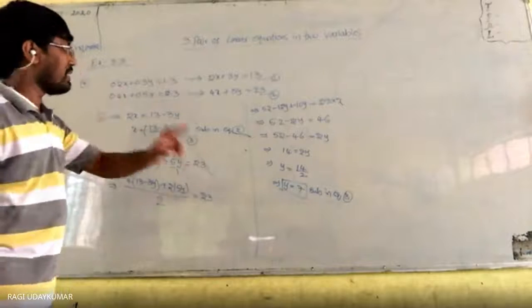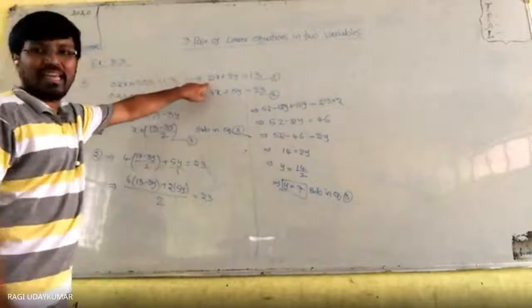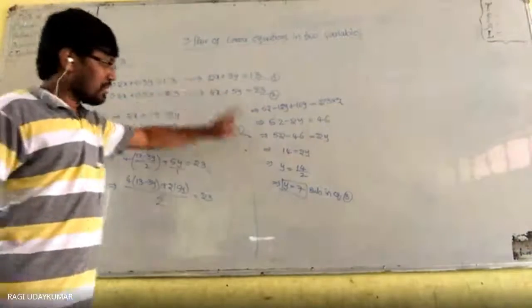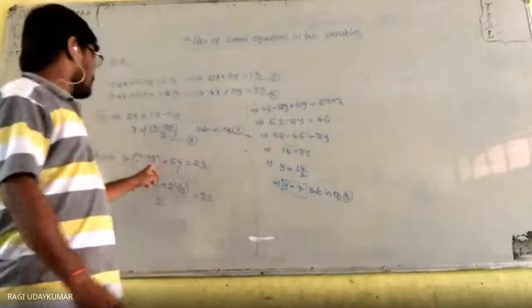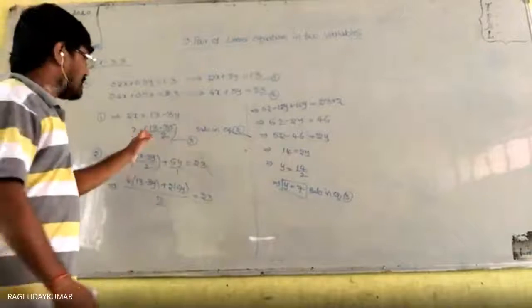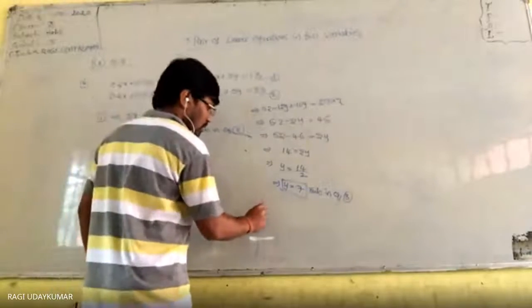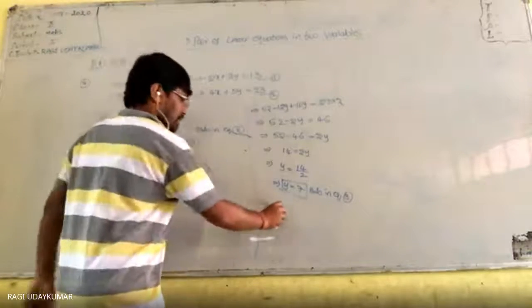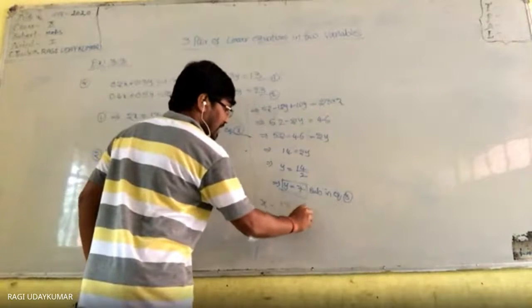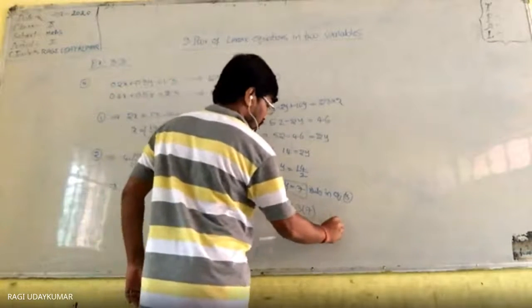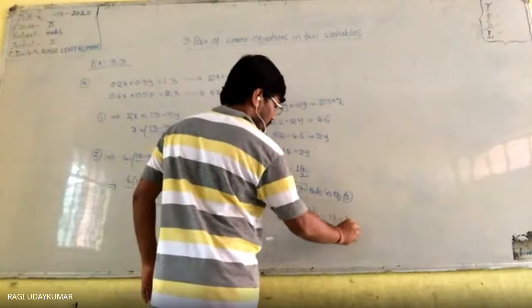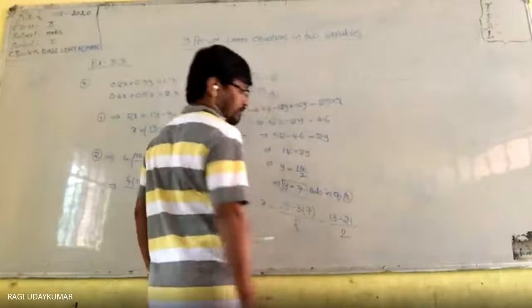Sir, if I substitute that in this equation, will you get y? Yes, the same y you will get. If you substitute this one in this, you will get the same value. The easiest way is to substitute this one. So x is equal to (13 minus 3y) by 2, which is equal to (13 minus 7 3s are 21) by 2.